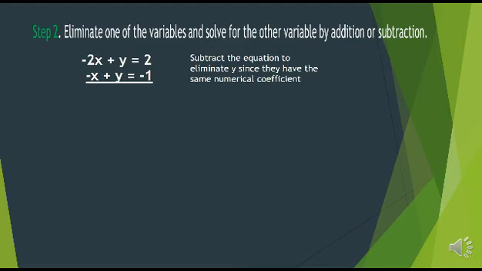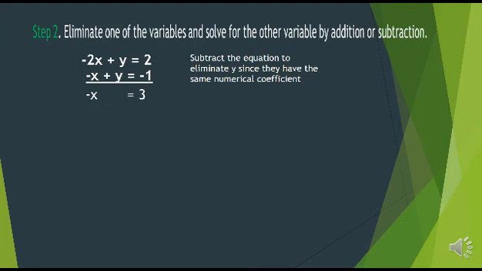Subtract the equations since y has the same numerical coefficient. So if we subtract, negative 2x minus x will give us negative x, and positive y minus y will be cancelled, and then 2 minus negative 1 is equal to 3.